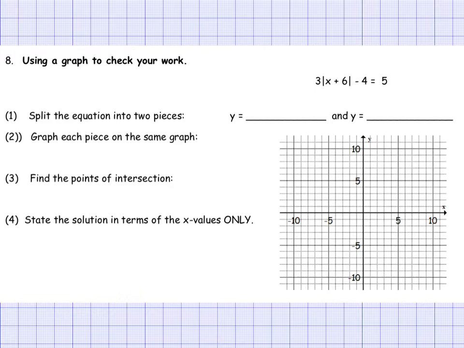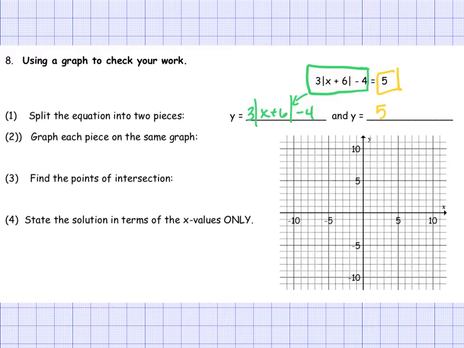So we can also use a graph to check our work. The way that works is we're going to take this part of the equation, the 3 times x plus 6 minus 4, and we're going to graph that by itself. So x plus 6 minus 4. And then we can take the other side of the equation and make it its own equation, y equals 5.